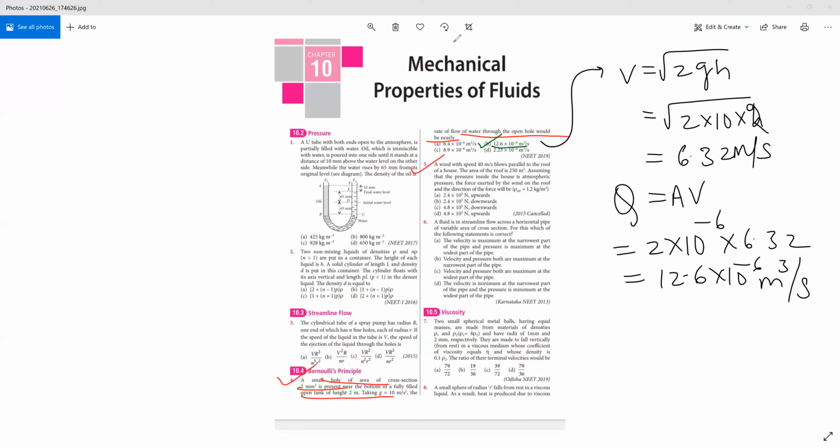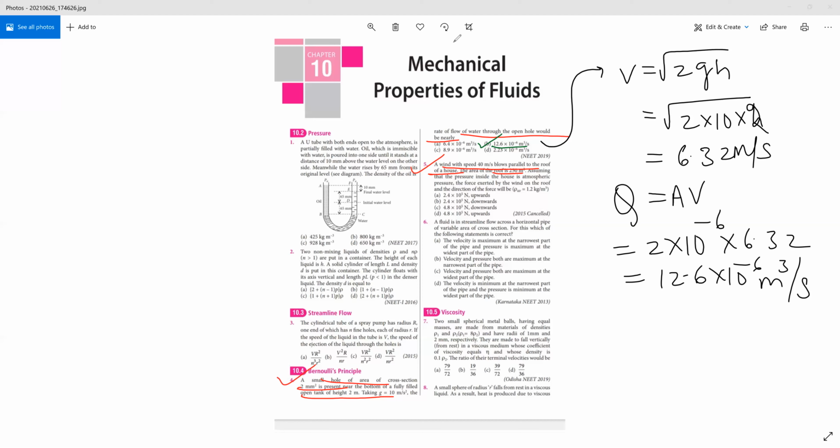Next, fifth one. A wind with speed of 40 meters per second blows parallel to the roof of a house. Area of roof is 50 meters square. Assuming that pressure inside the house is atmospheric pressure, the pressure exerted by the wind on the roof and direction of the force will be, and density of air they have given 1.2 kg per meter cube, and they ask to find among 4 options which one is the right answer.